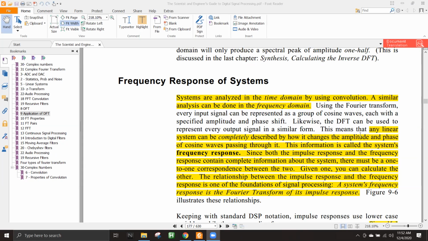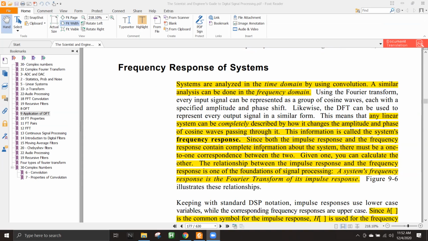So in the frequency domain, its behavior can be described by how it changes the amplitude and phase of cosine waves passing through it. Okay, so this information is called the system's frequency response.